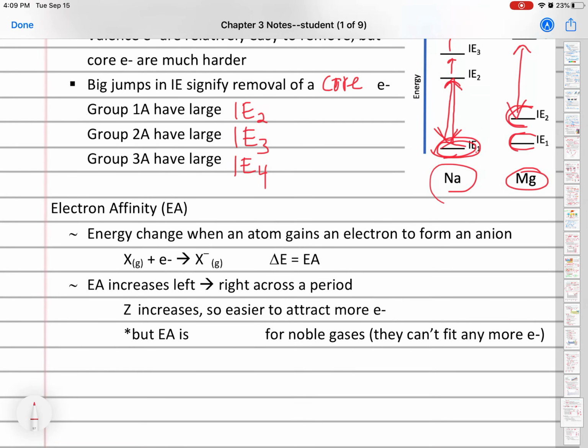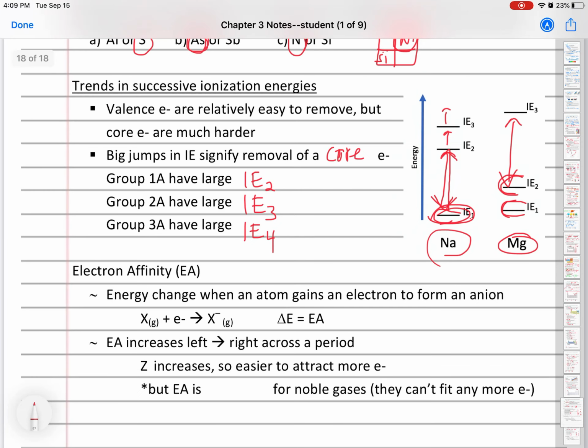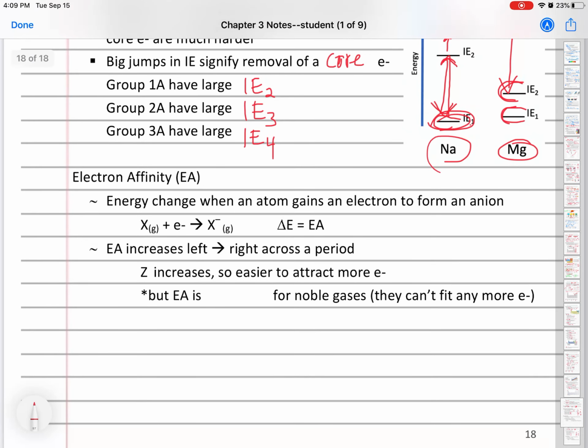All right, so there might be some problems about assessing ionization energies, trying to identify what group an atom is based on its ionization energies. And then lastly, I'm going to just breeze over this, but electron affinity is something that trends across the table.